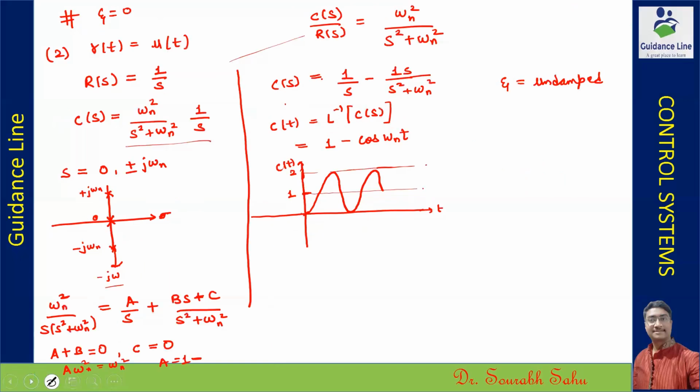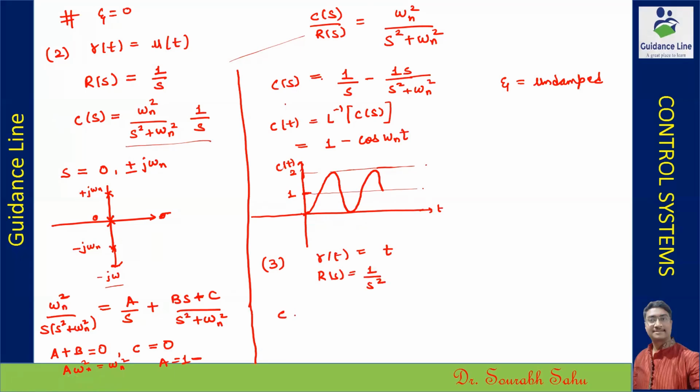Similarly, if I consider the third case, when the input r(t) is considered as a unit ramp, in that particular case again we have R(s) which is 1 by s square.